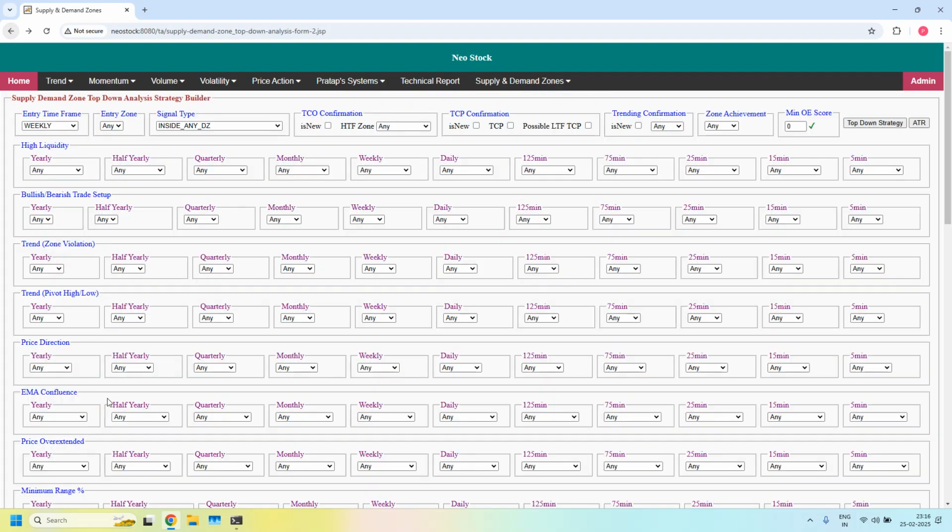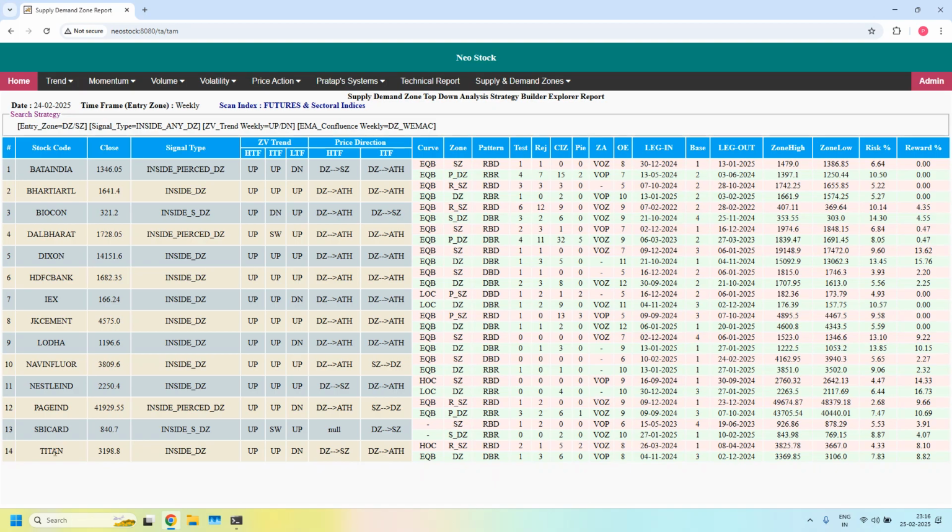Let's filter. In the EMA Confluence at weekly time frame, I am setting the filter: weekly demand zone having weekly EMA Confluence. Trend on the weekly should not be sideways. It can be up or down. With these filters, see, now the list has come down from 76 to 14 stocks.